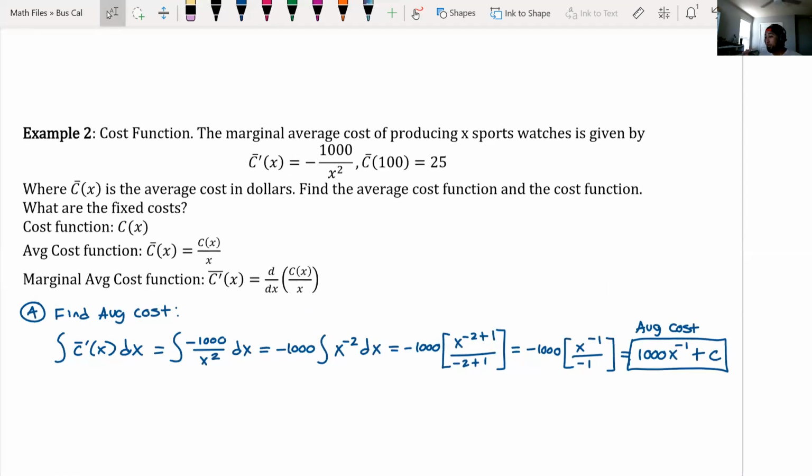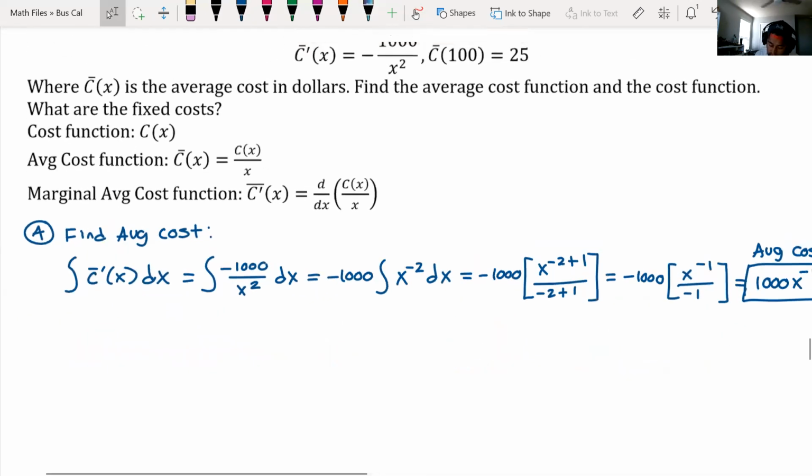Okay, but it's not done, because if we want the complete average cost function, we are now going to have to solve for C. So they give us a nice little clue on how to solve for C. That's the second clue that was given in the problem. It says C bar of 100 is equal to 25. So we're going to use that clue next.